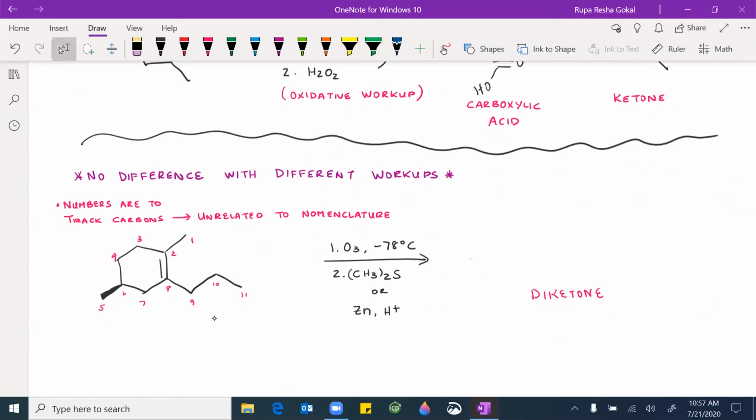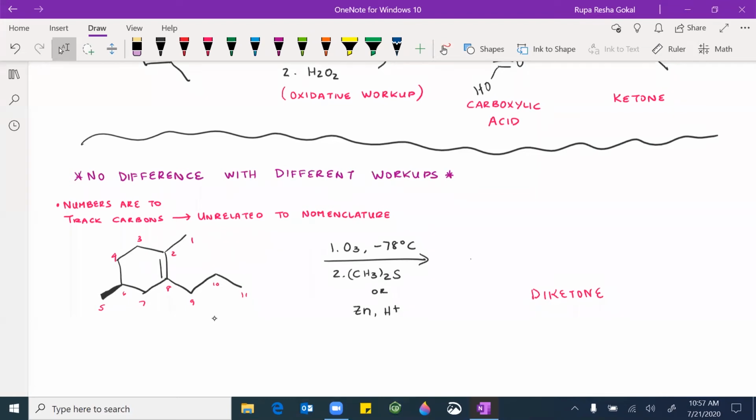Okay. When I have a tetrasubstituted alkene, the workups don't make a difference because I end up with no hydrogens on my carbonyl carbon, and so there's nothing to take advantage of whether I have an oxidative or a reductive workup. All right, so notice this is a cycle, which means if you cut that double bond and pull it apart, you're still attached on the other end.